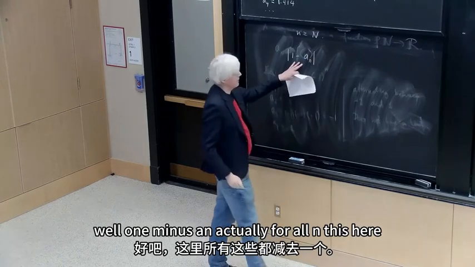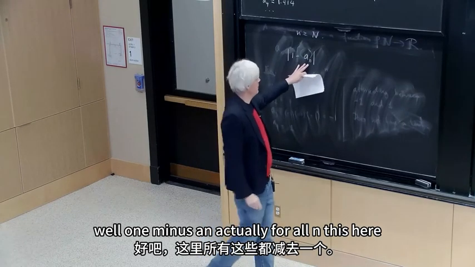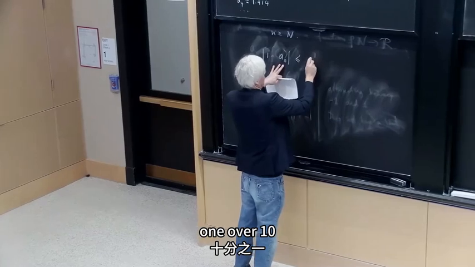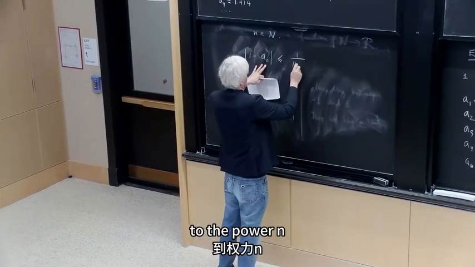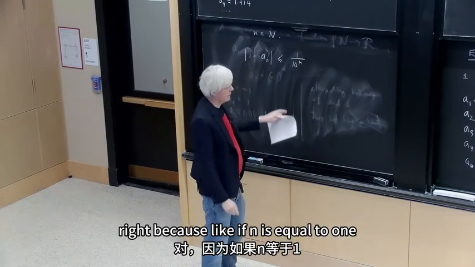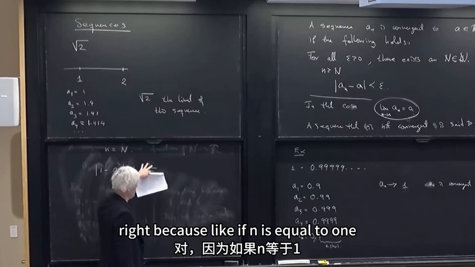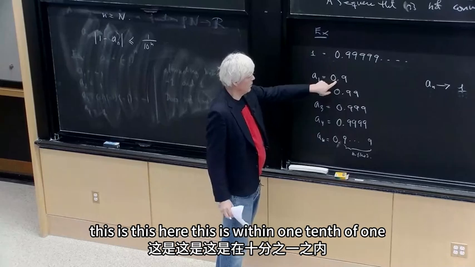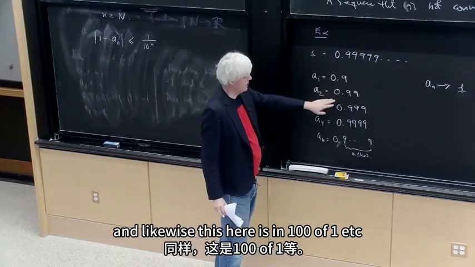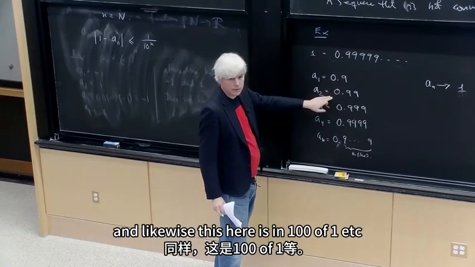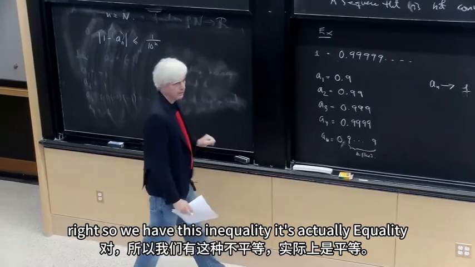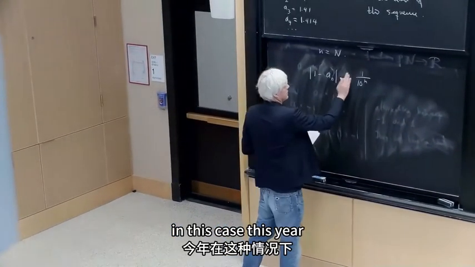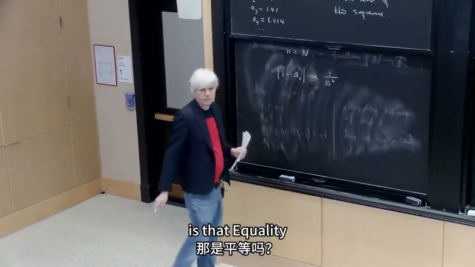Well, 1 minus An, actually for all n, this here is less than 1 over 10 to the power n, right? Because if n is equal to 1, this is within 1/10 of 1, and likewise this here is within 1/100 of 1, etc. Right? So we have this inequality. It's actually equality in this case. This here is an equality. Right?